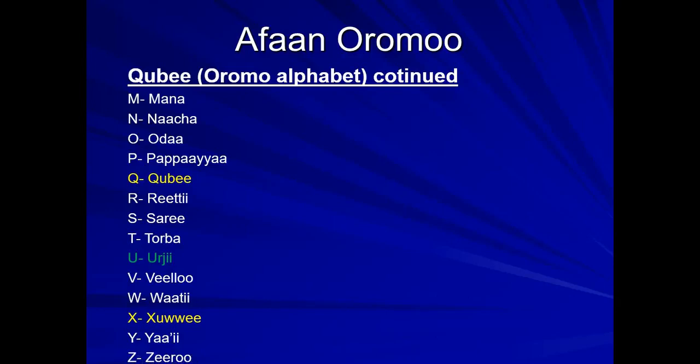So there are four vowels whose naming changed: A, E, I, and U. And look at the yellow ones. This is the third, and this is the fourth actually.